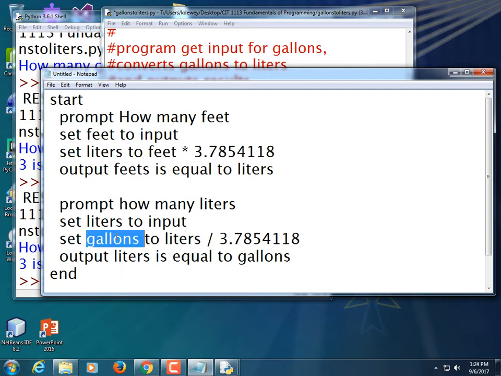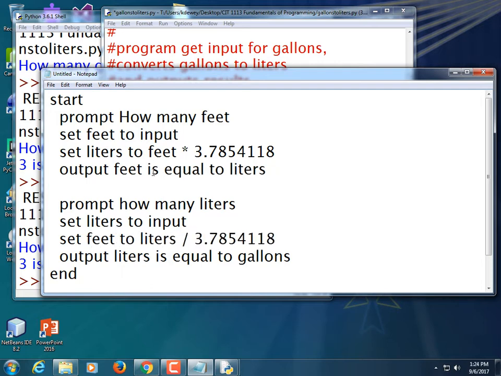Okay, I can do the same thing here. Feet's feet. Okay, and then if I'm doing feet to what? Feet to meters. So what else do I need to do? Liters to meters, maybe?